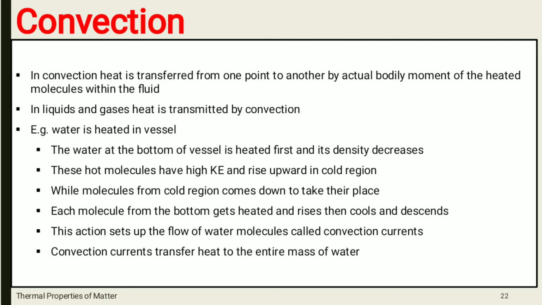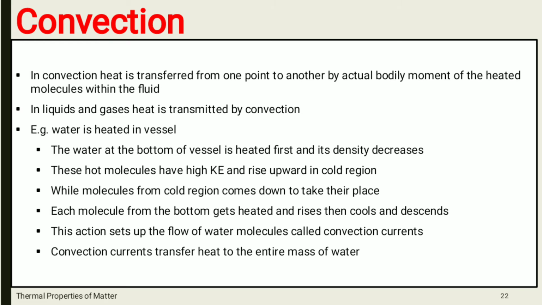So the lower layer gets heated and comes to the upper surface of the water. Then the second layer near the bottom of the vessel goes down, and again this process is repeated. That is, the layer near the bottom gets heated, its density decreases, kinetic energy increases, and they come up to the upper surface of the water.